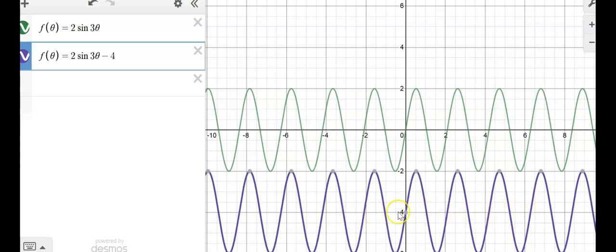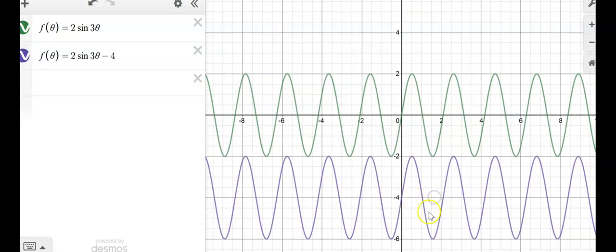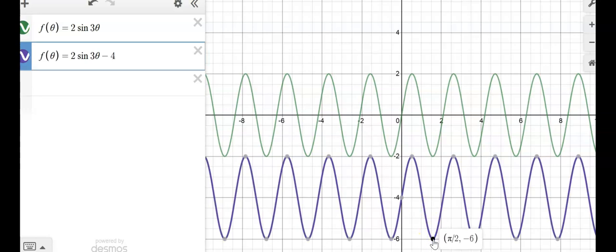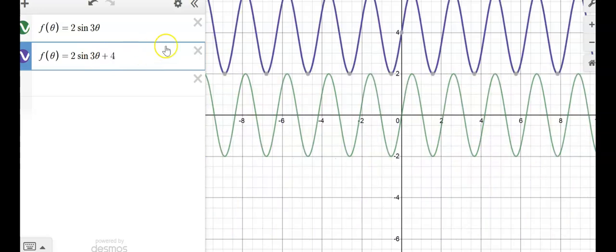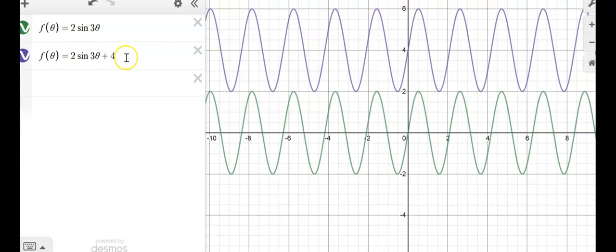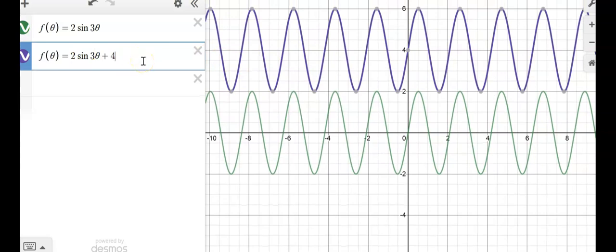It goes up 2 units to minus 2, and down 2 units to minus 6, because the amplitude is 2. But in our question it was plus 4, so we'll keep plus 4. Now let's talk about the horizontal shift.